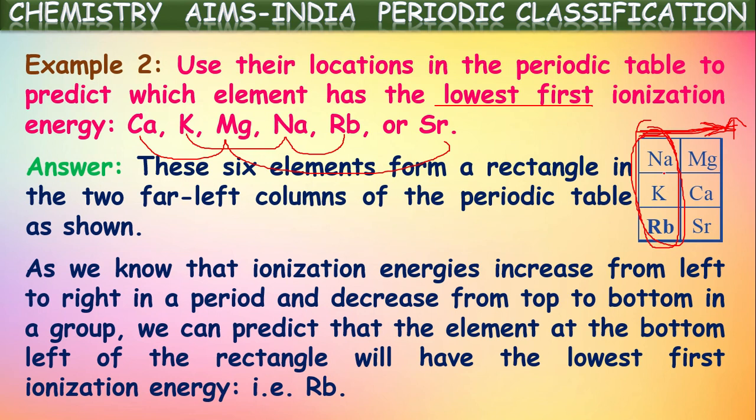Now out of these all, the element at the bottom will have the lowest, because in a group again the ionization energy decreases from top to bottom because size increases. So out of these all, which has the greatest size? That is rubidium. Rubidium is the element with the lowest ionization potential among these six elements. Got it? In this way, we can derive the relation between the elements, and hence we can find out which has greater or lowest ionization potential.